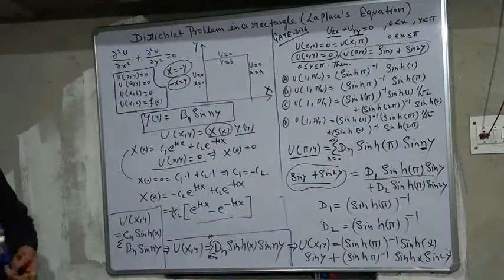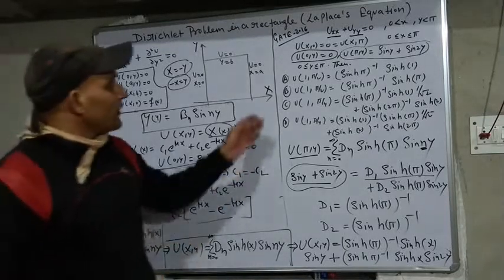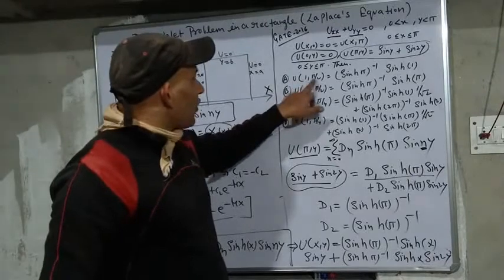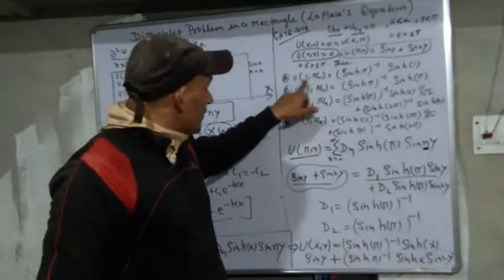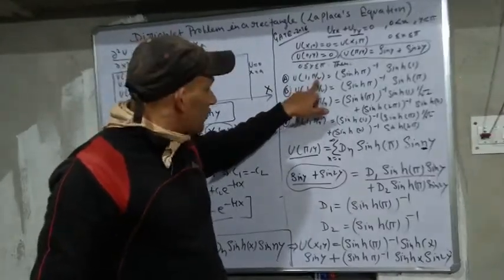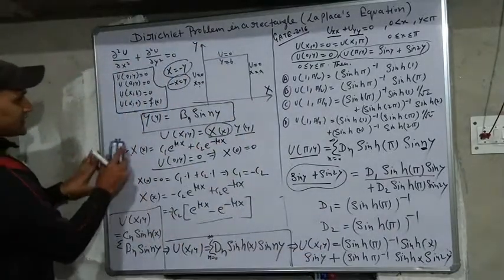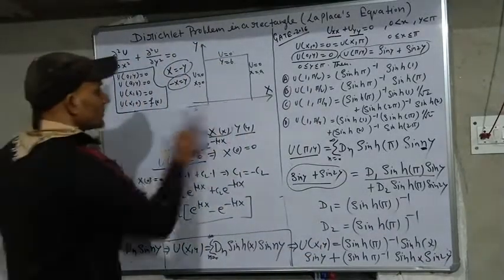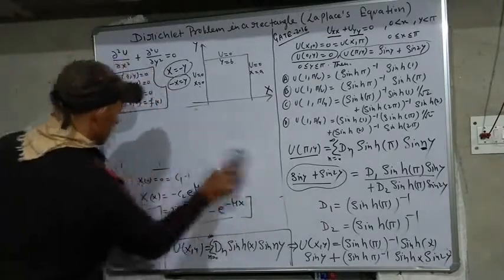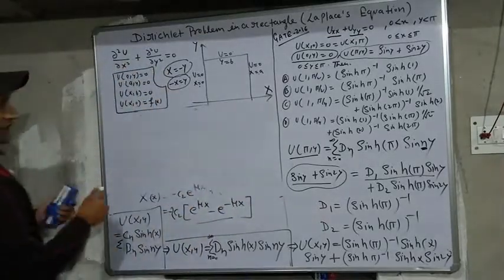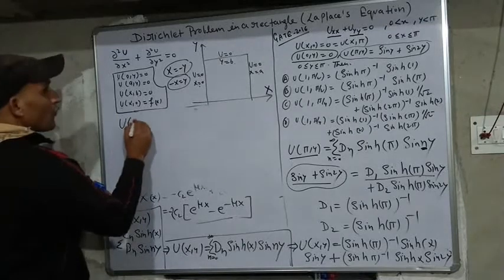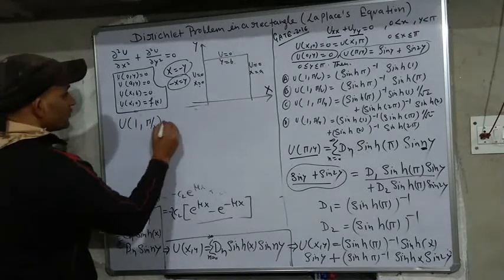So this is your solution. Now you have to check it. What do we have to find? We have to find u(1, pi by 2). Now you have to put x is equal to 1 and y is equal to pi by 2 here. So your solution will be u(1, pi by 2).